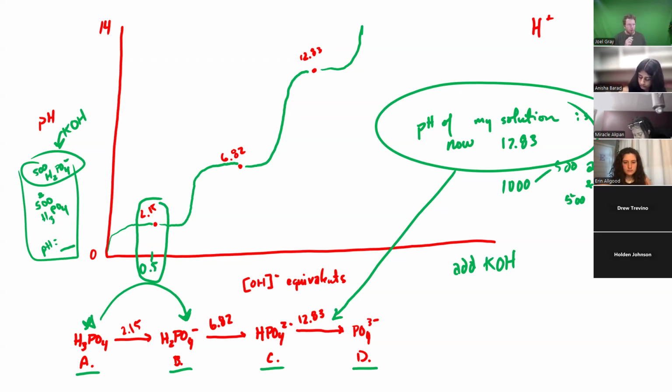Okay. Keep in mind, I started with 1,000. How many of them look like A when my pH is 12.83? How many of them look like A? How many of them look like B?